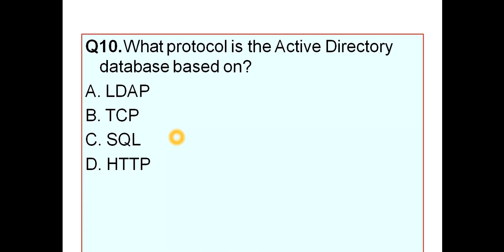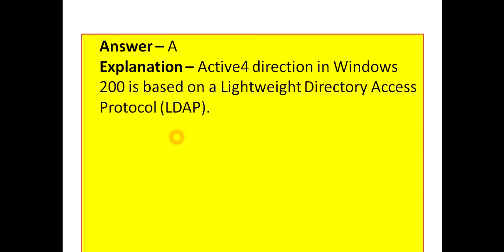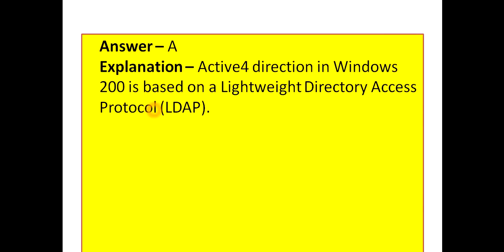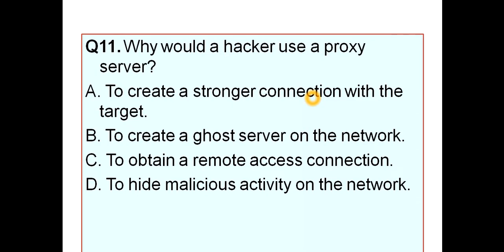The right answer is option A. Active Directory in Windows 2000 is based on the Lightweight Directory Access Protocol, that is LDAP. So the Active Directory database is based on the protocol LDAP, and LDAP stands for Lightweight Directory Access Protocol.